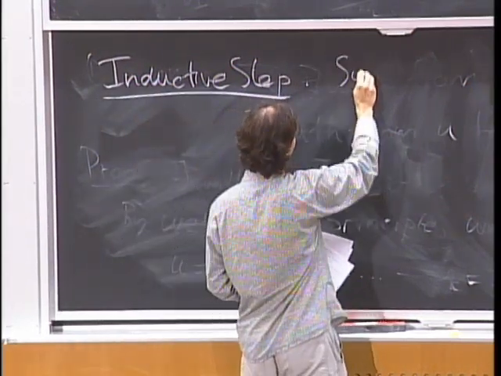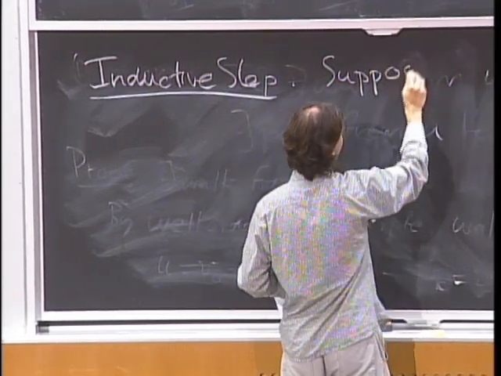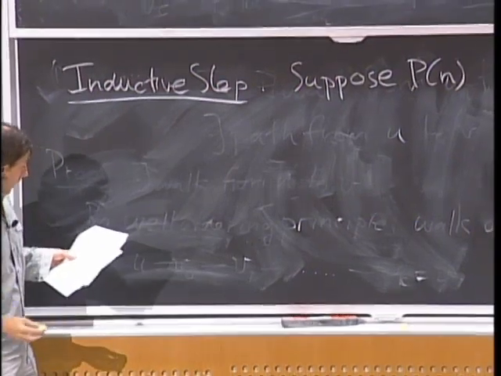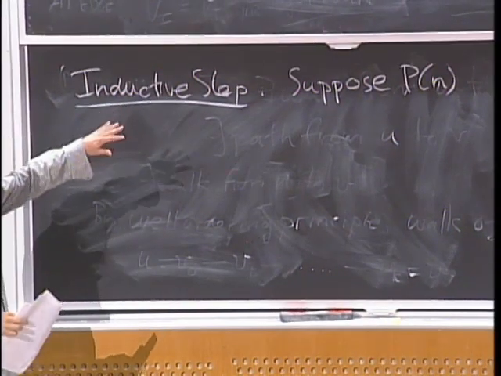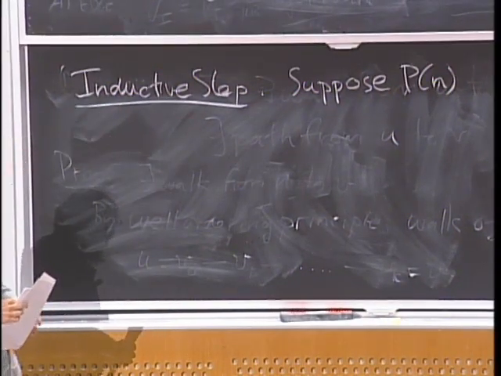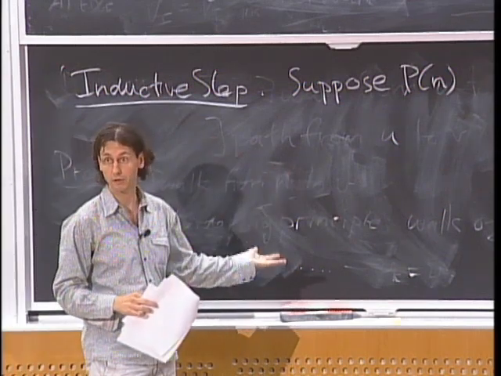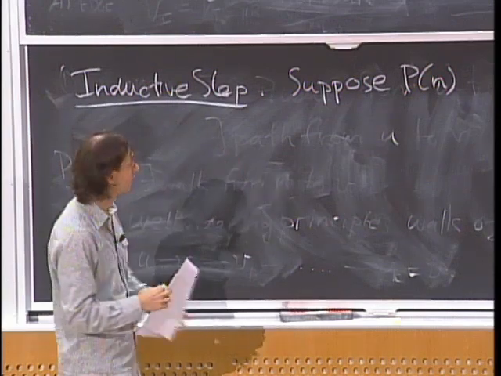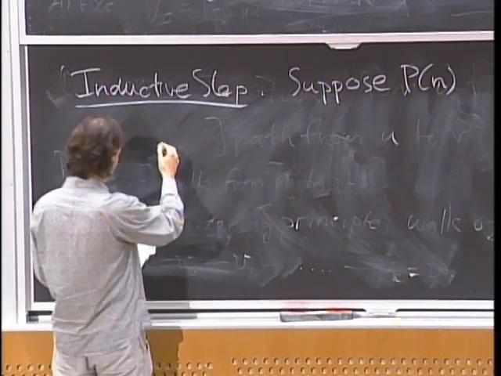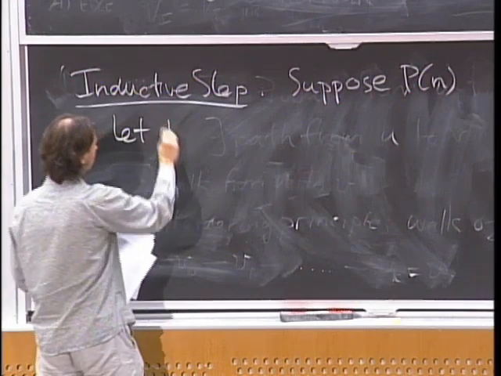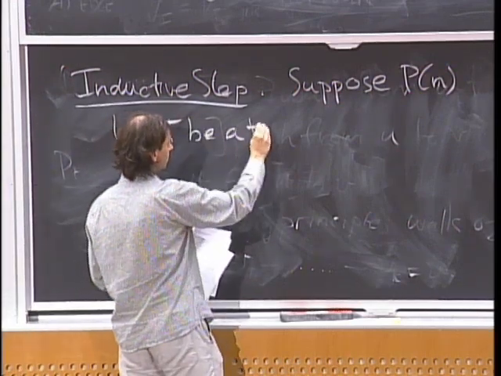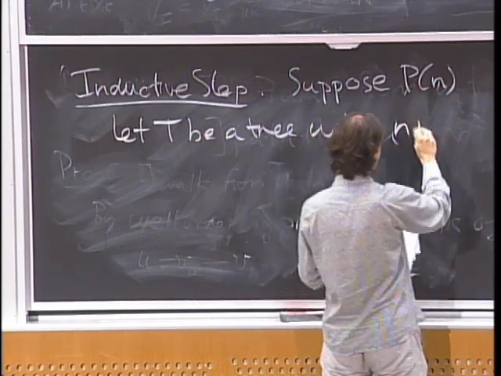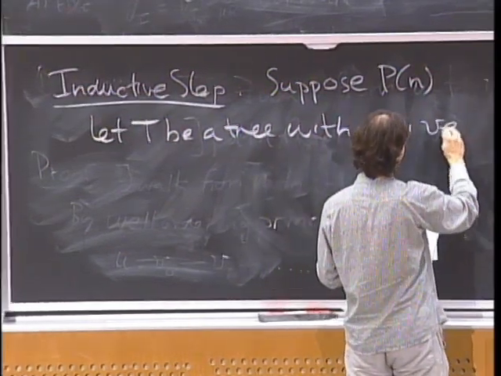So we suppose P of n. And now we want to prove Pn plus 1. So how do we do this? Well, take a tree that has n plus 1 vertices. And we want to show that it has n edges. So take any such tree. So let T be a tree that has n plus 1 vertices.